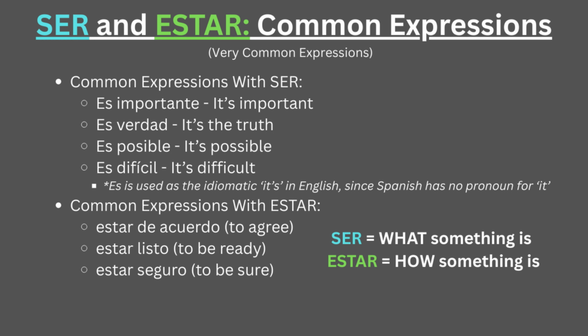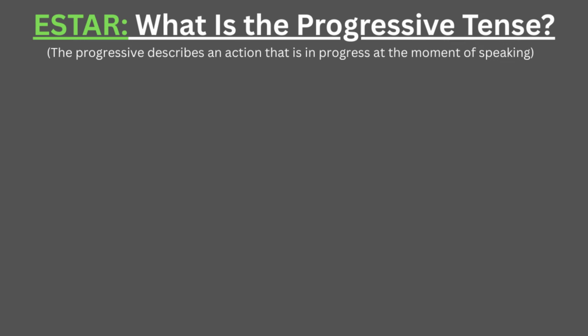Aside from conditions, another important function of estar is the progressive tense. Spanish uses estar to express an action in progress, which is equivalent to using to be plus a gerund, the verb plus ing, in English.